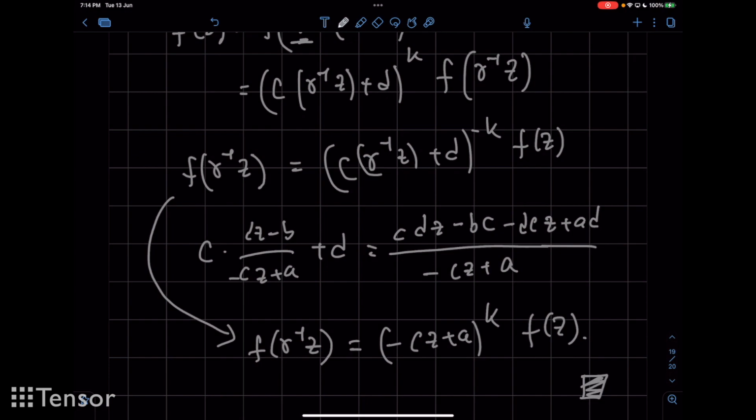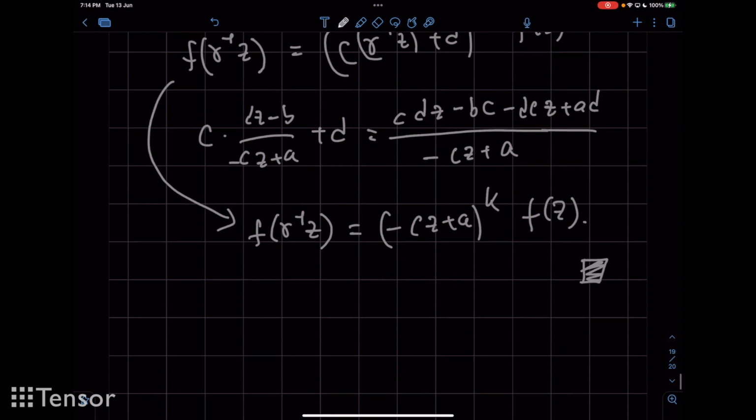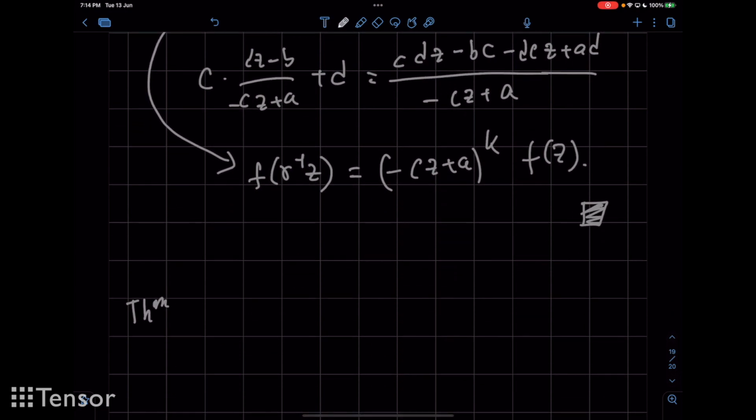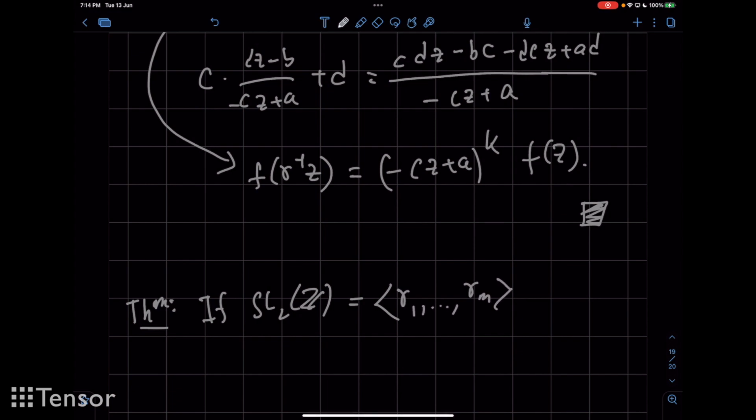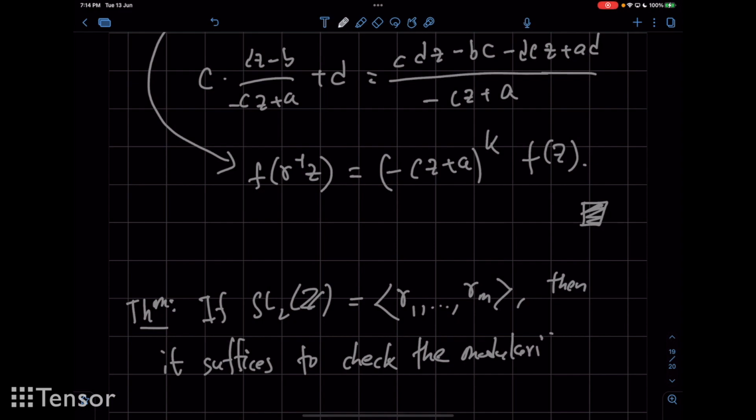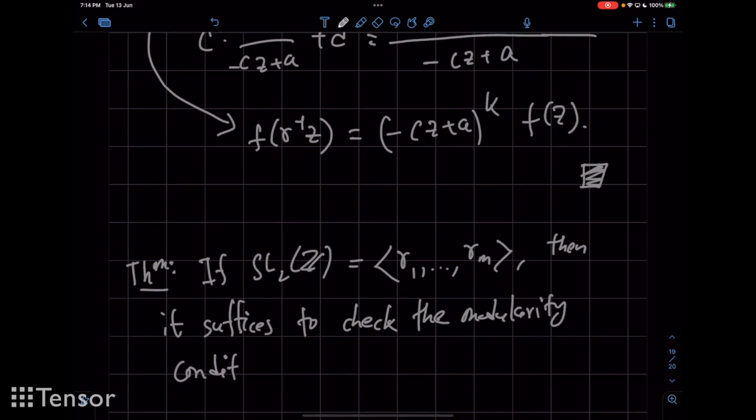Now we have the theorem that if SL2Z is generated by, let's say, a finite number of matrices, gamma 1 up to gamma m, then it suffices to check the modularity condition for each gamma i. Right. Yeah, makes sense because of the product.